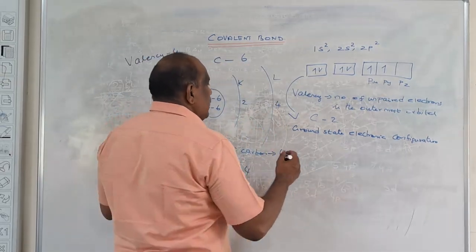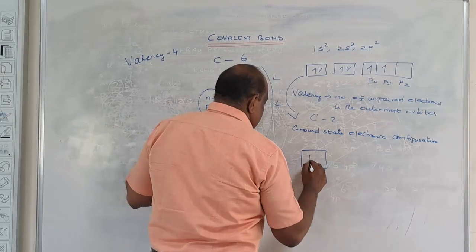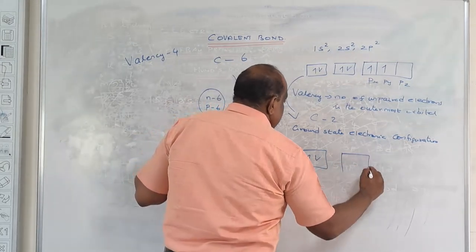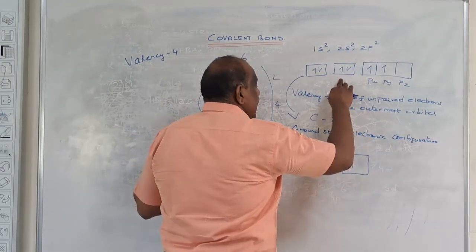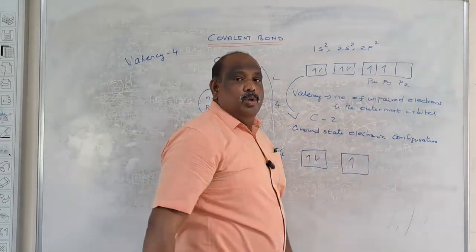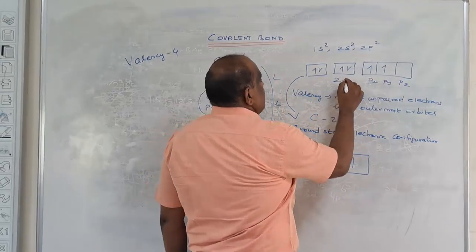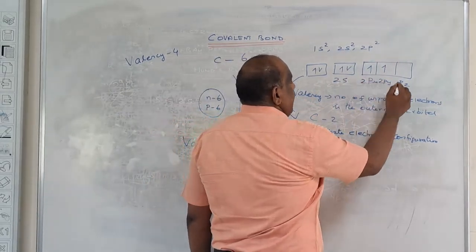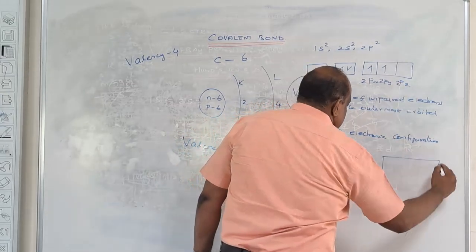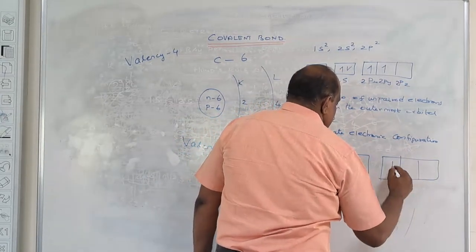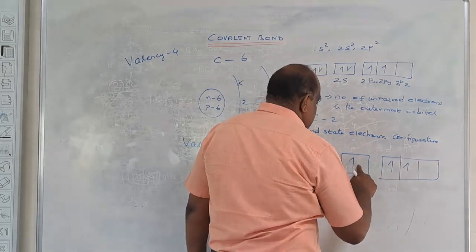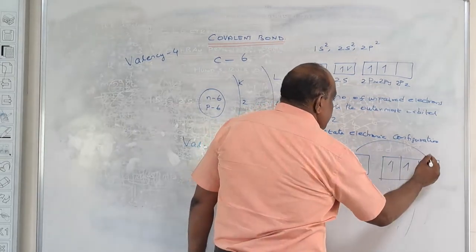So now I will draw this: 1s2. Here one of the electrons in the 2s orbital will be promoted to the 2p orbital. This electron has been pushed over here.